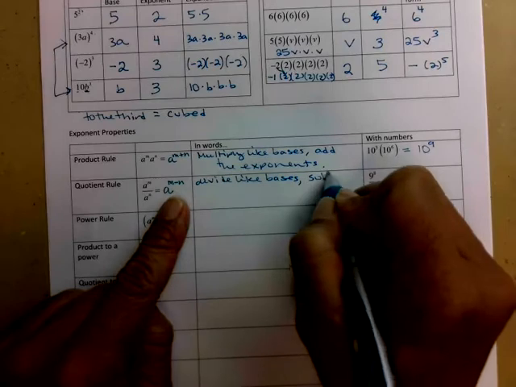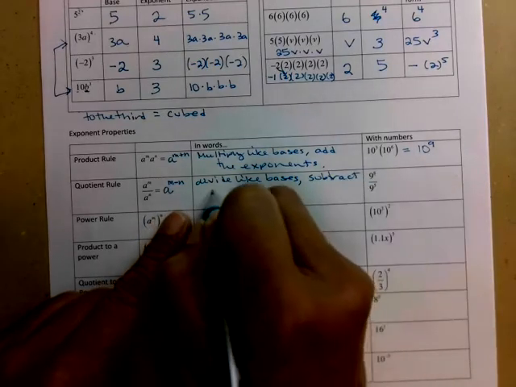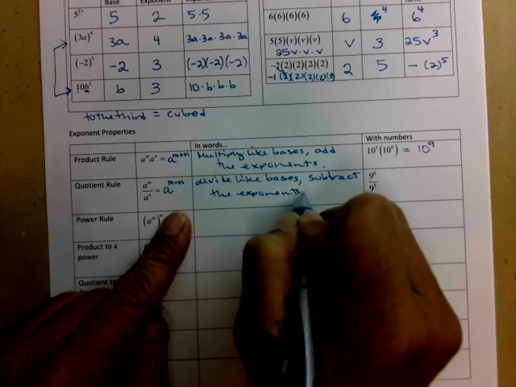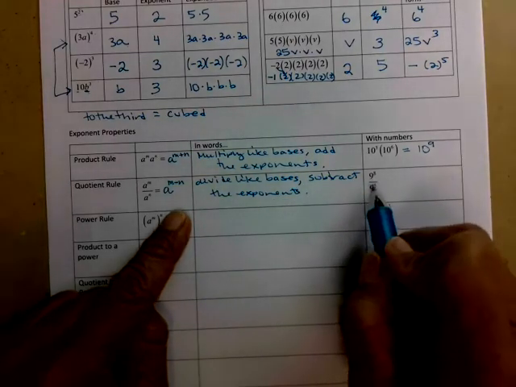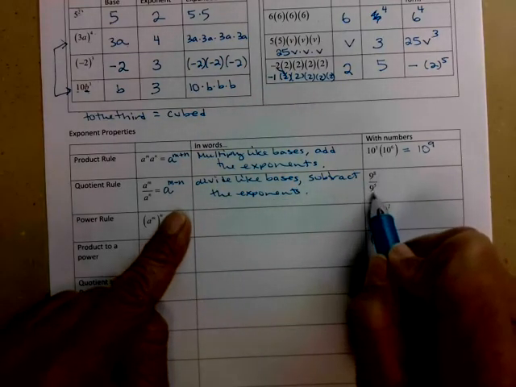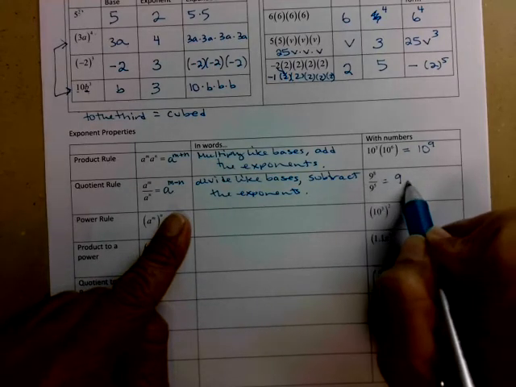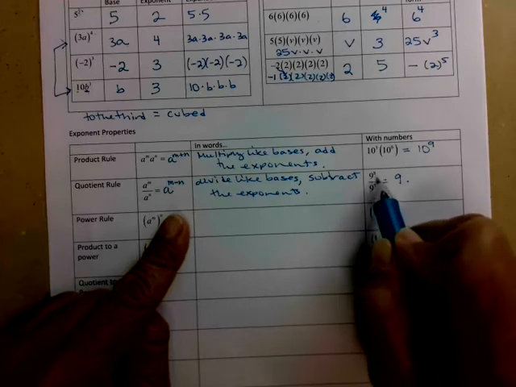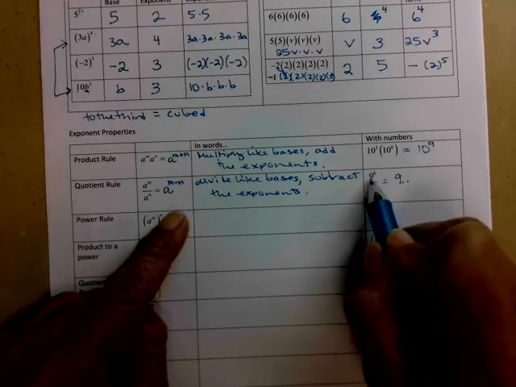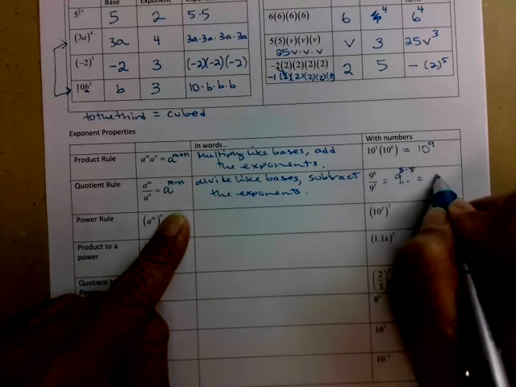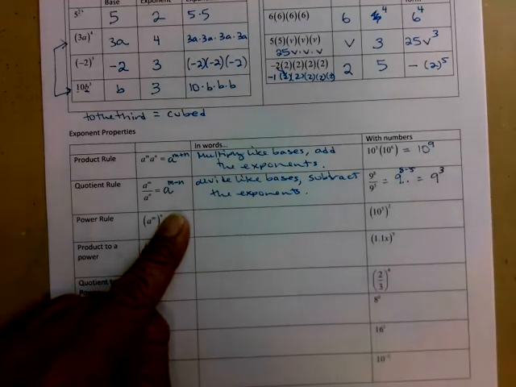We subtract the exponents. So again, with numbers, 9 to the 8th divided by 9 to the 5th. The base stays the same. That's important too. It's not a 1 over here. It's a 9, same base. And then it's 8 minus 5, or 9 cubed.